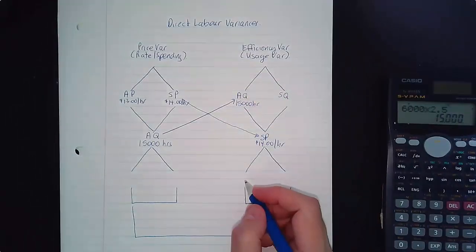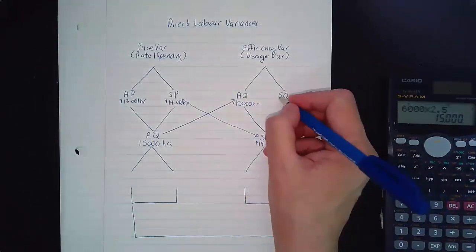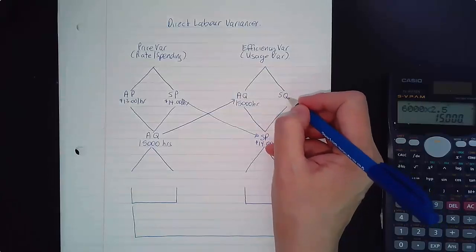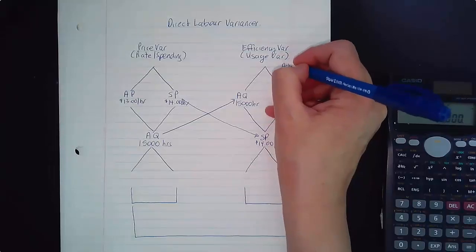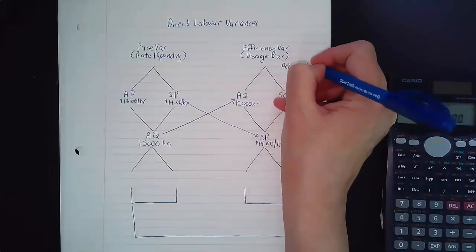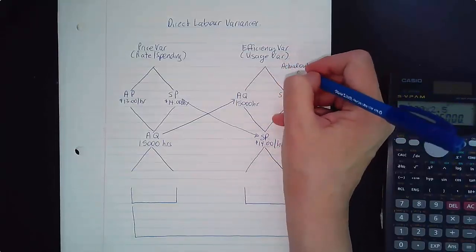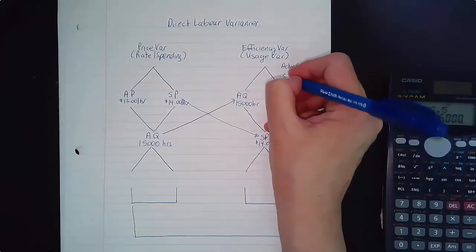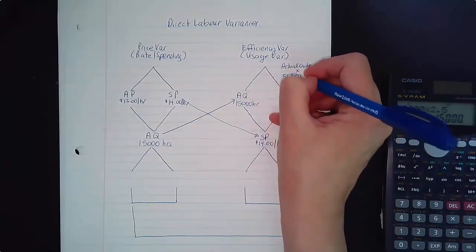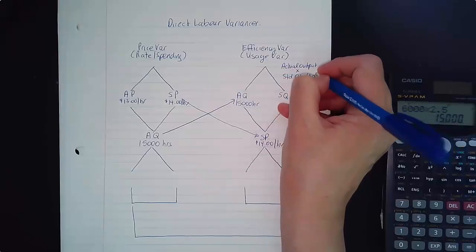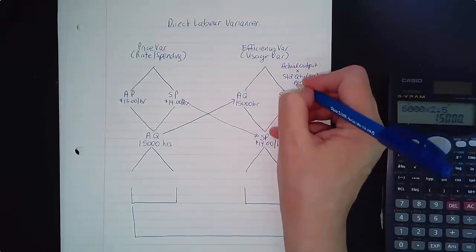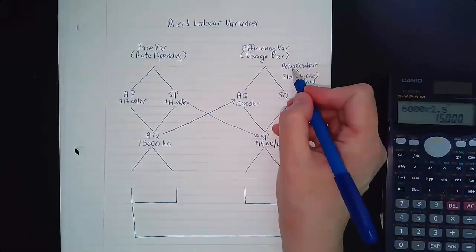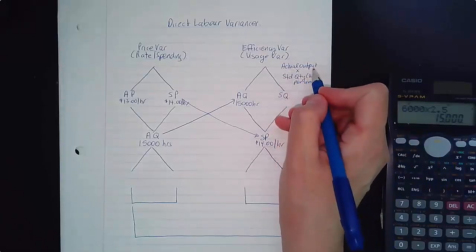What's the only thing I have left to fill in? The standard quantity. The standard quantity is always equal to the actual output, how many units we actually produced, multiplied by the standard quantity of hours per unit. And remember, students screw this up because they don't use the actual output.